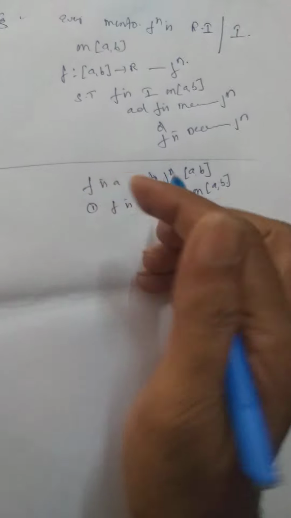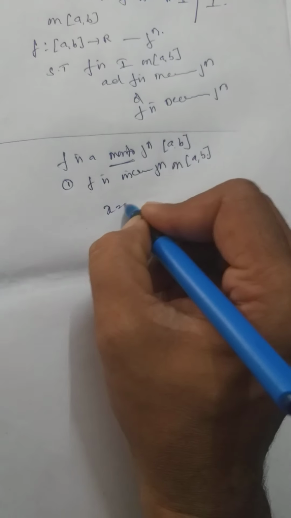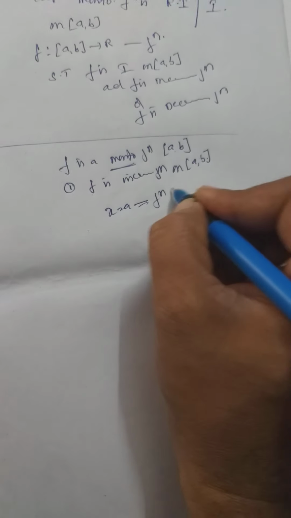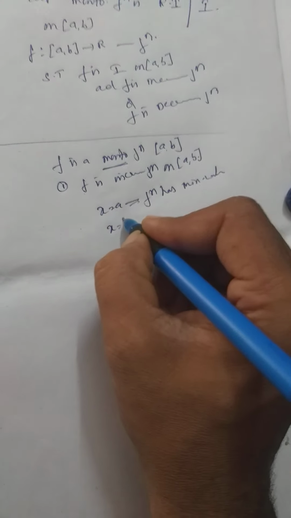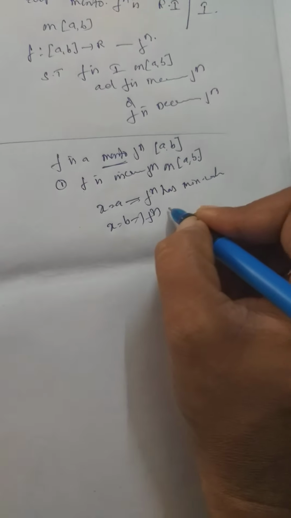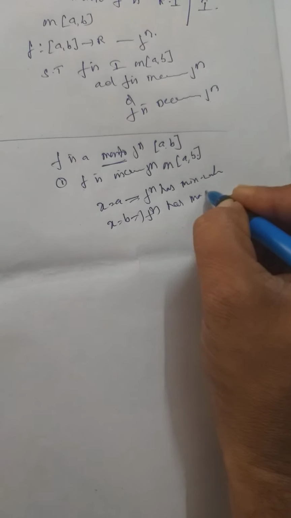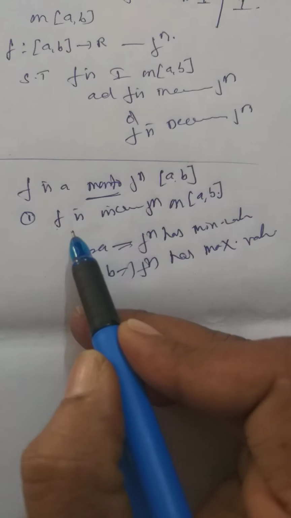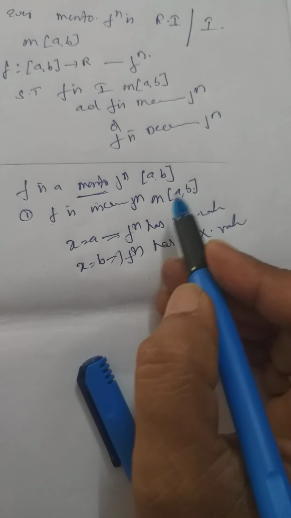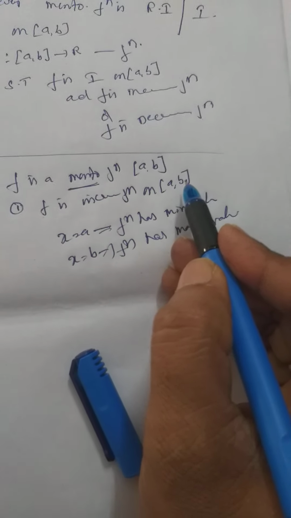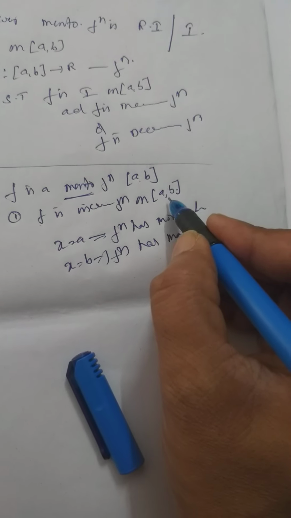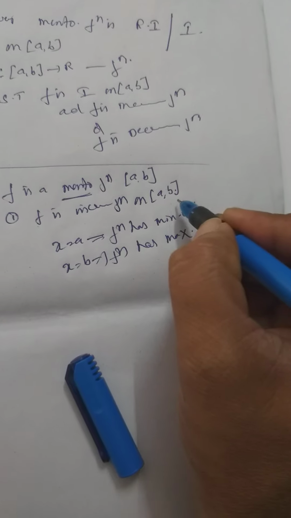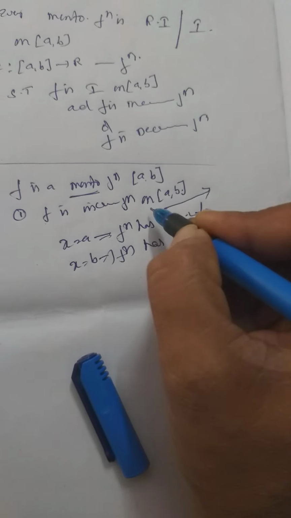Now that means at x equal to a, the function has minimal value. At x equal to b, the function has maximum value, because the function is increasing on this interval. By substituting x equal to a and the next values, the function goes on increasing.